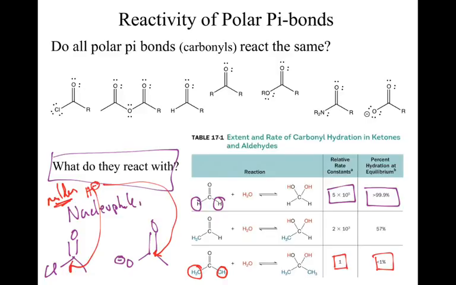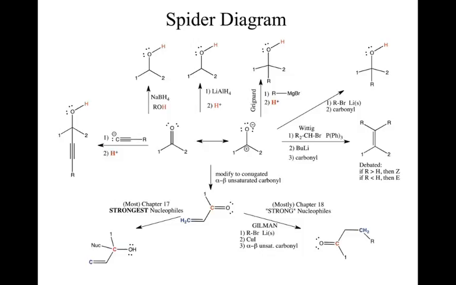So we're addressing each of the features and how these things stack and interact with each other. We have to be thinking about these reactivities and how a subtle structural change can make a big difference in the end result. Our big summary out of chapter 17 is looking at our hydrogen nucleophiles, our carbon nucleophiles, and then some other weird things going on.